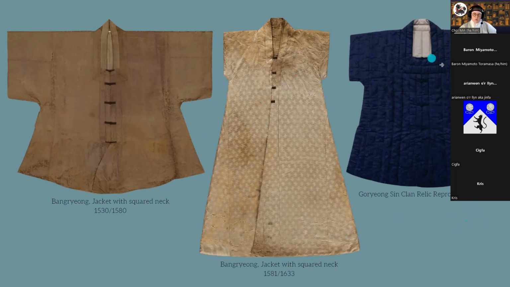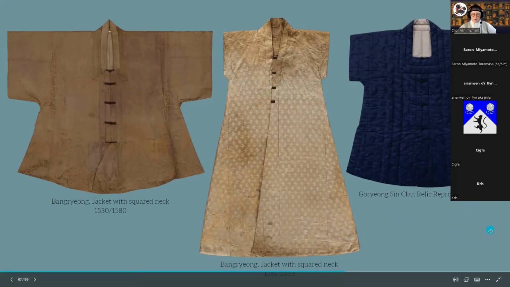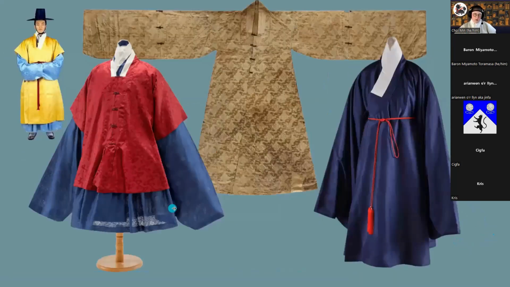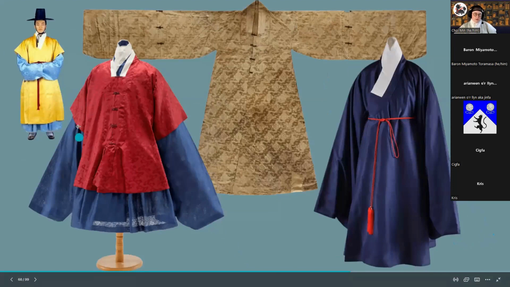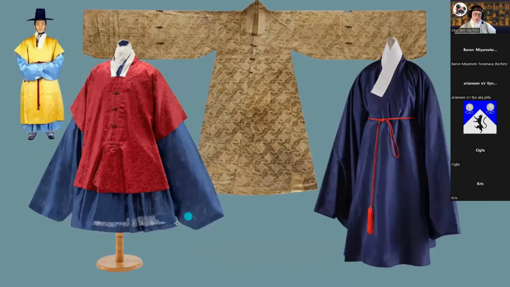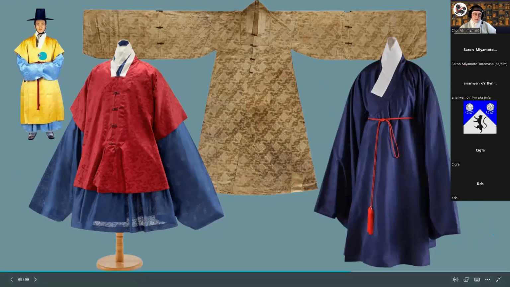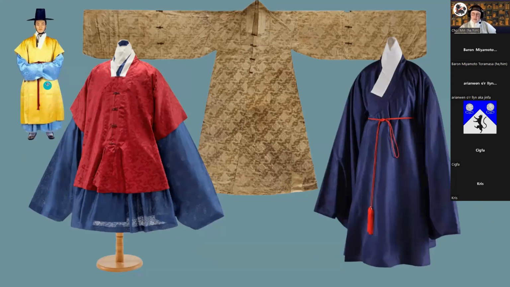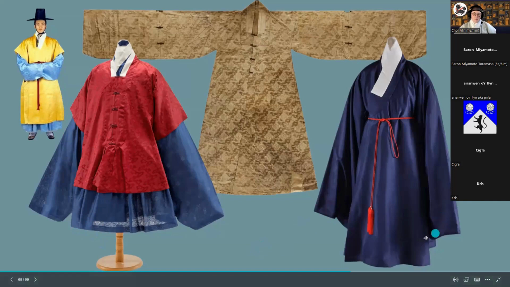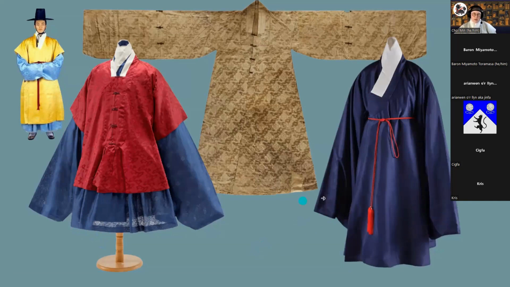And then here's a quilted one, a reproduction of a quilted one. Here again, this one to the left, a reproduction over a cholik. This probably sits on a person around this length. It would have been slightly shorter for riding, if it was intended for riding. And then here is a more regular long one, and this is the look I generally like going for.